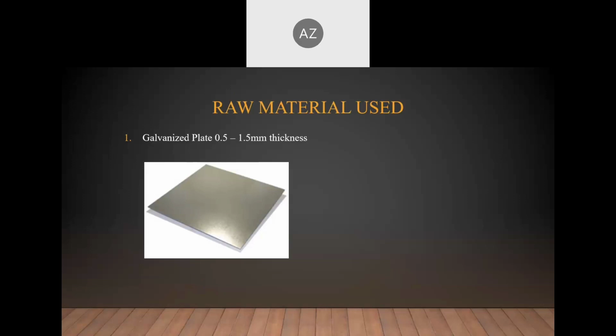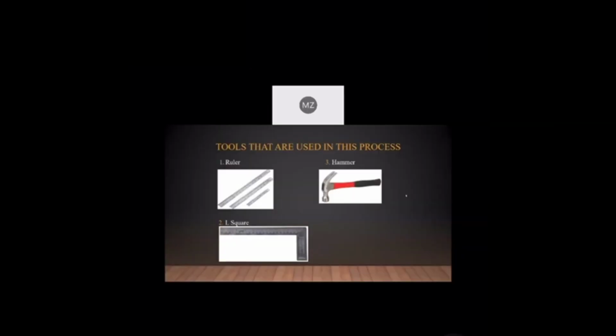Okay, the next slide I want to pass to Muhammad Zain. Assalamualaikum, my name is Muhammad Zain. I want to explain about the tools that are used in this process. First, ruler. Second, L square, and third, hammer. A ruler is used in geometry and technical drawing, as well as the engineering and construction industry, to measure distance or draw straight lines.